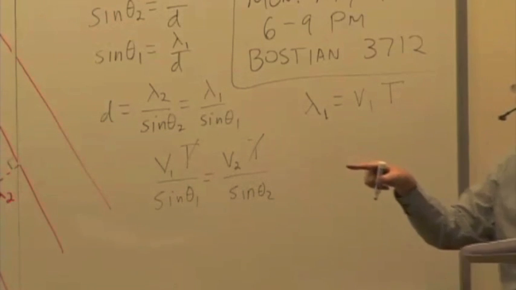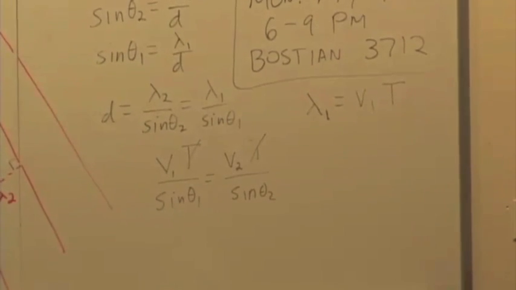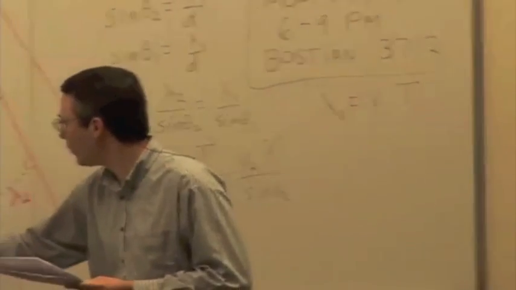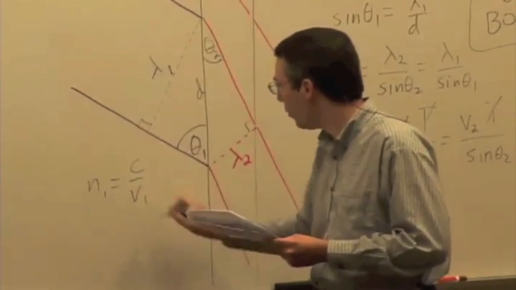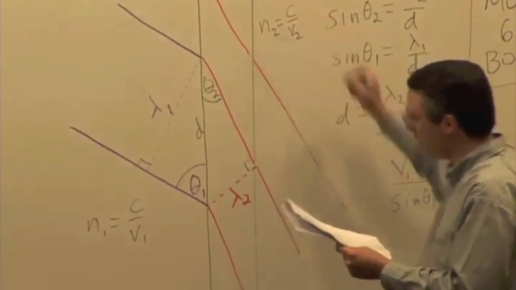By definition, the index of refraction is c over v, so n1 is c over v1, and n2 is c over v2.